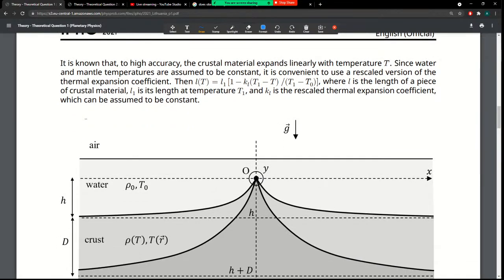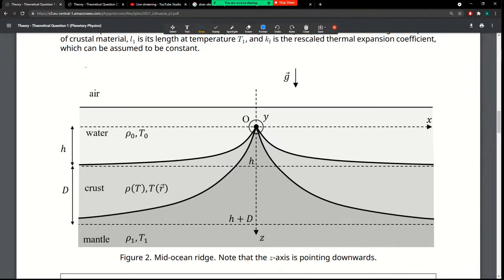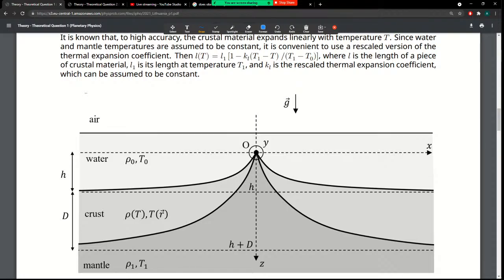And then L is the length of a piece of the crust material, and L1 is the length at a temperature T1, and K of L is the rescaled thermal expansion coefficient. Okay, so L1 is the length of the mantle crust piece, or the mantle boundary. Is that what it's saying?